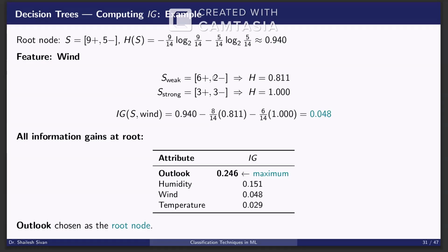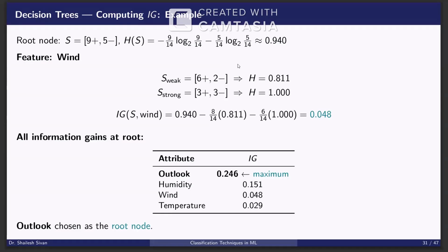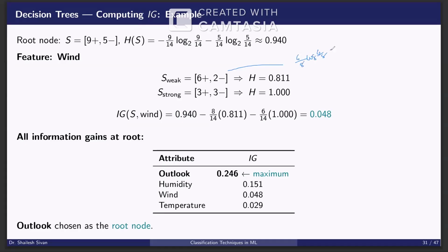That is 6/8 log 6/8 plus 2/8 log 2/8, with the negative sign, and that is what we get as 0.811.